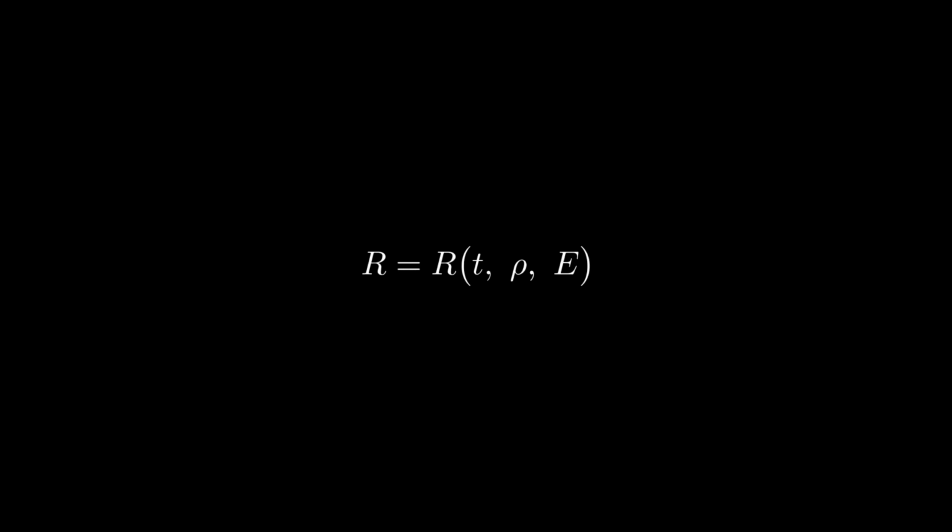At this point, we could attack the exponents exactly the way we did for the pendulum, plugging in the dimensions of E, rho, and t into the ansatz of R and match the powers. There is, however, a more general framework, useful once the variable list grows and the algebra gets messy, called the Buckingham Pi Theorem.